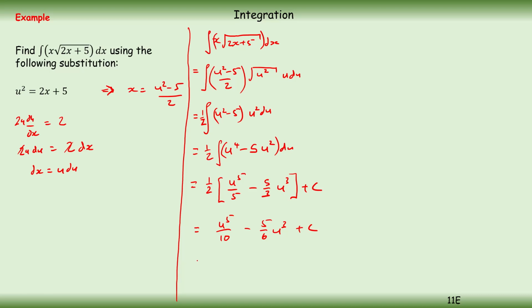So this is going to be equal to 2x plus 5 to the power of a half, so 5 over 2. Let's make that a tenth instead of over 10, minus 5/6 of 2x plus 5 to the power of 3 over 2, plus our constant c. So exactly the same answer, different substitution, but the same result.